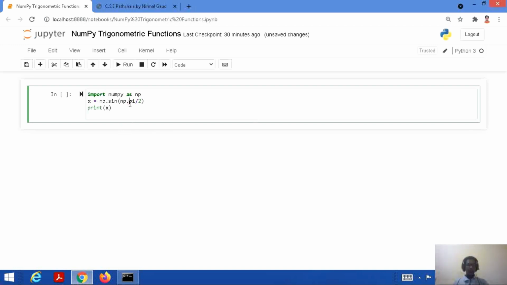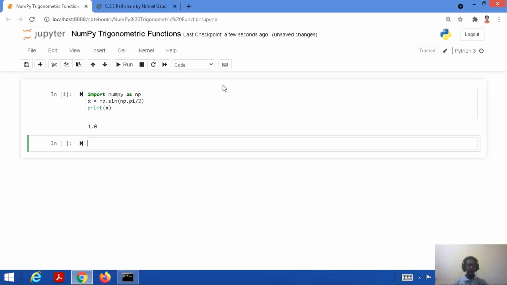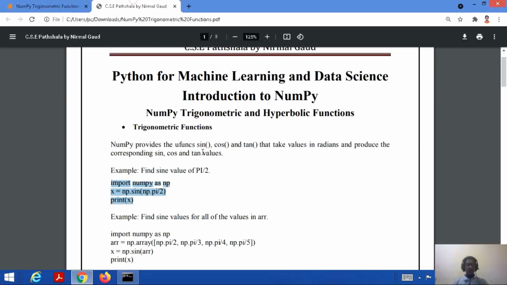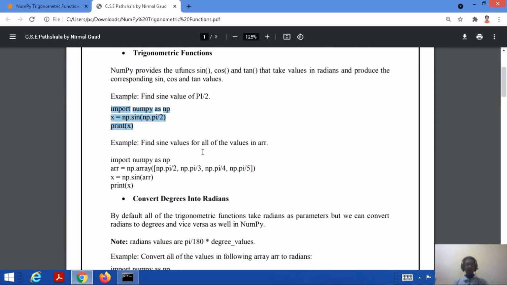This pi is in radians, so it's a radian form. Then we calculate this value, that is sin of np.pi by 2, and we print the value of x. Let's save this code and run it. Okay, so here it is. Its value is 1.